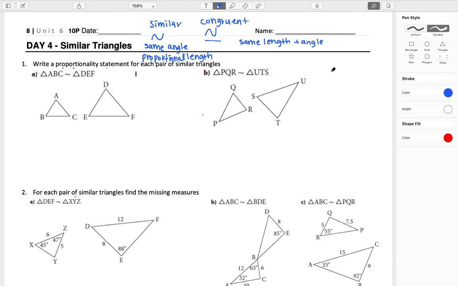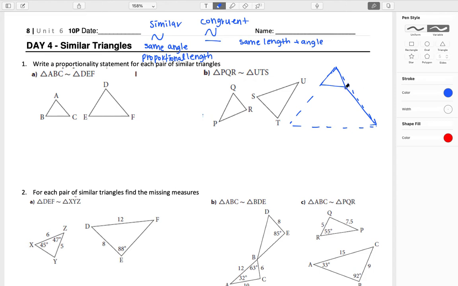Let's say I have a triangle like this, and using my mouse over here, I could enlarge it by stretching it this way, so it will look like this. Still the same angle, but the length has been, let's say, tripled.